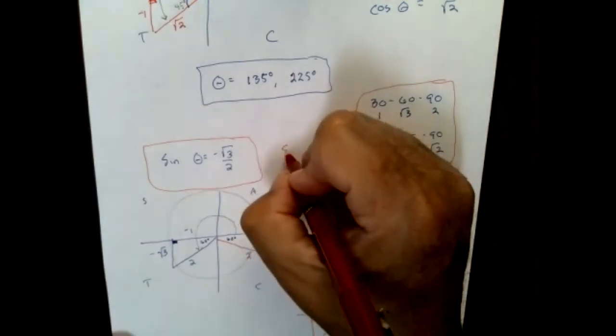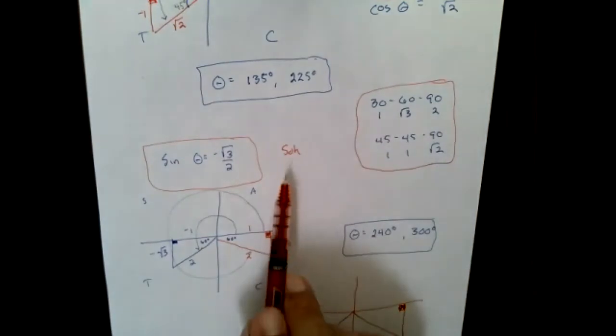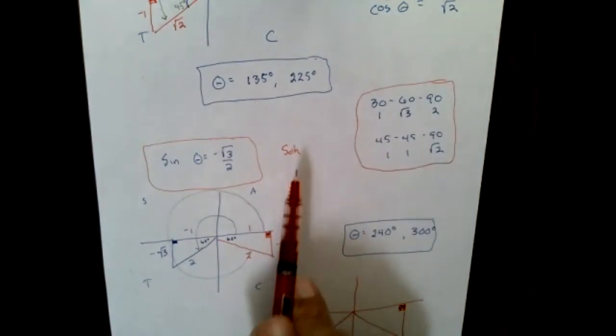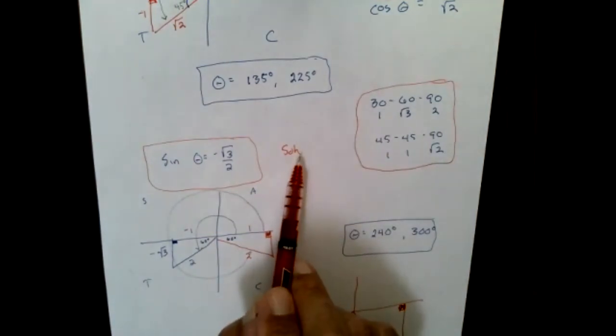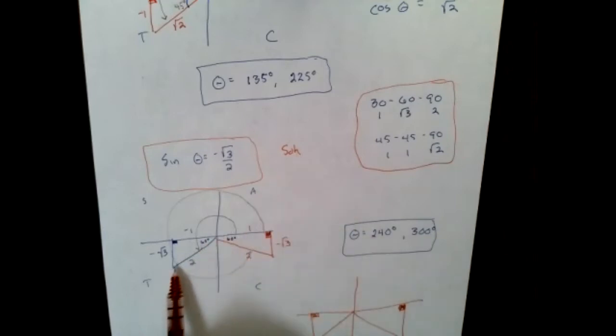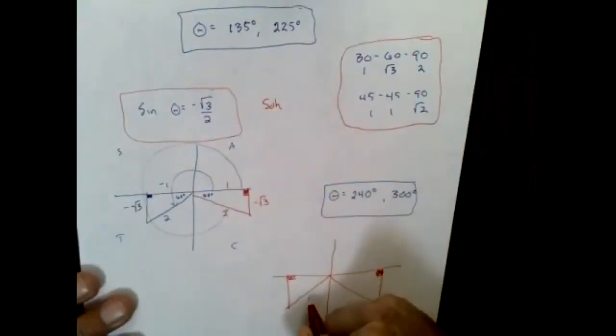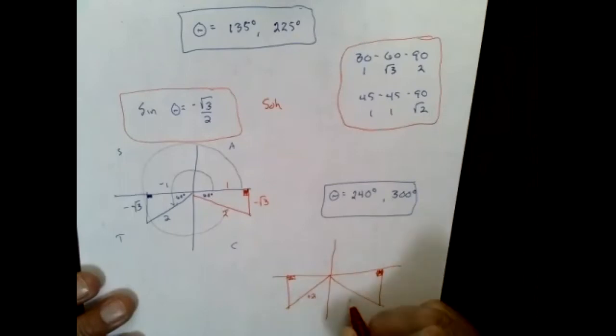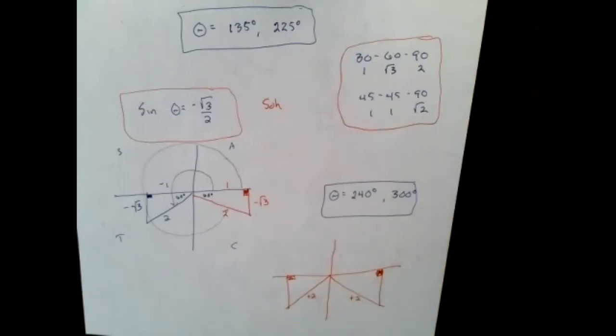My second one is, so opposite over hypotenuse. What do I always know about the hypotenuse? Every single hypotenuse is what sign? Well, remember the hypotenuse was always the distance. Positive. Positive, right? So when I do my hypotenuse, I know that this is positive 2 and this is positive 2.